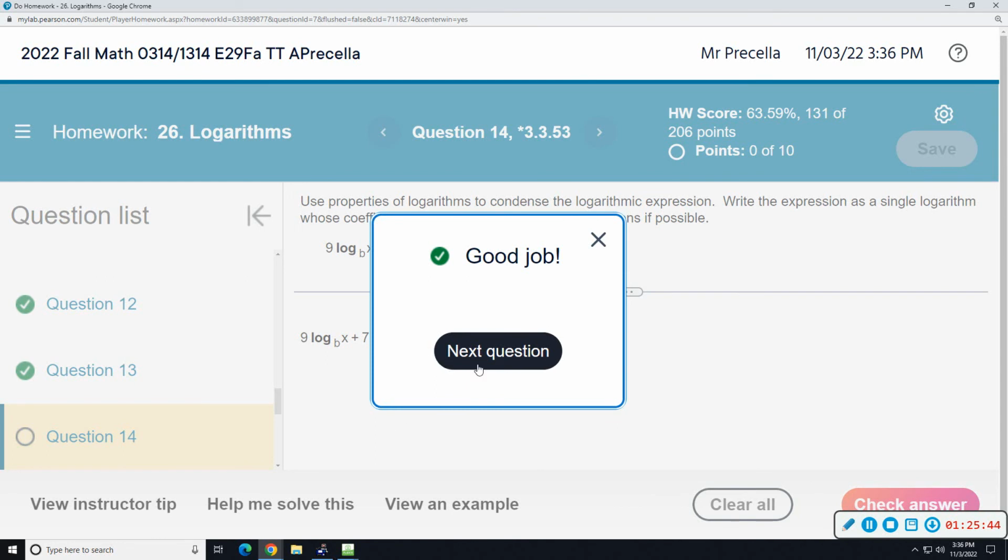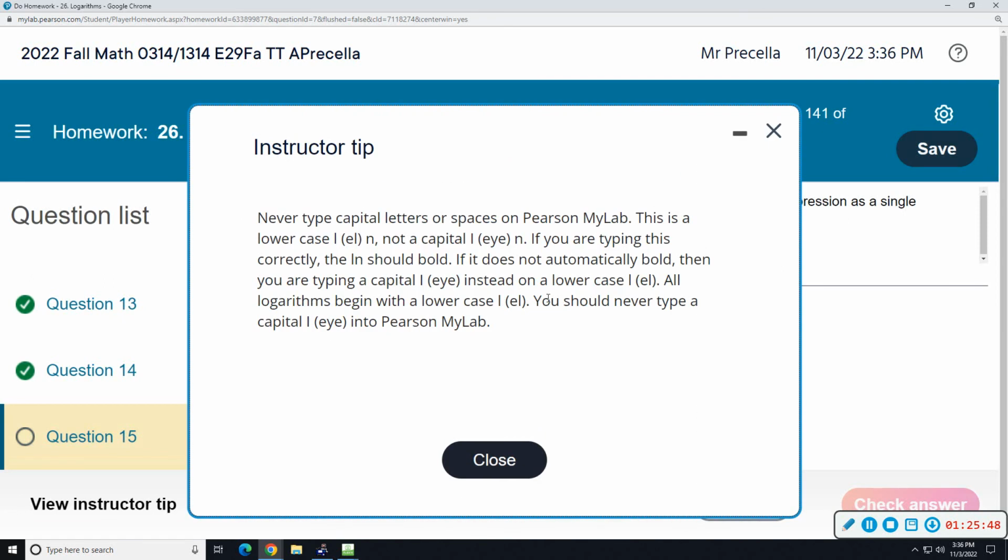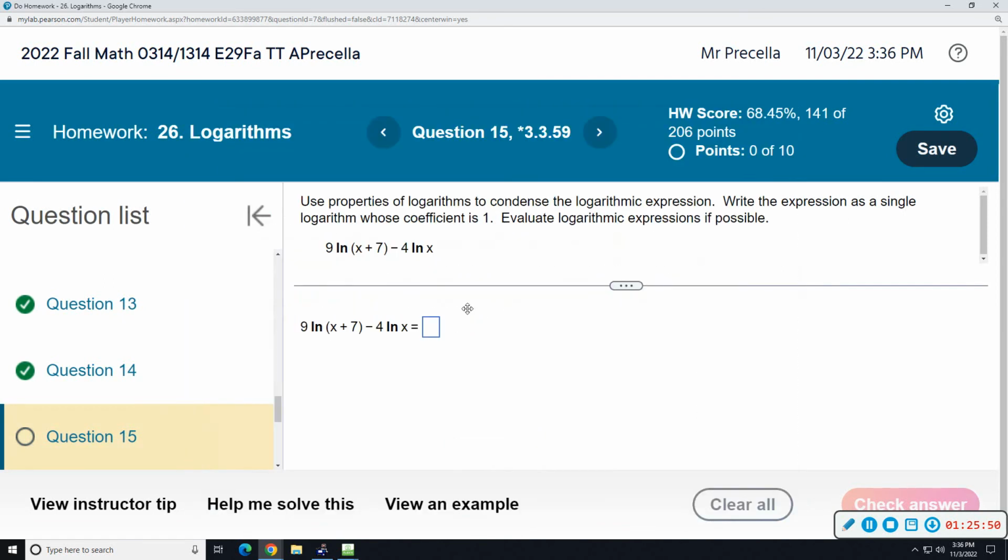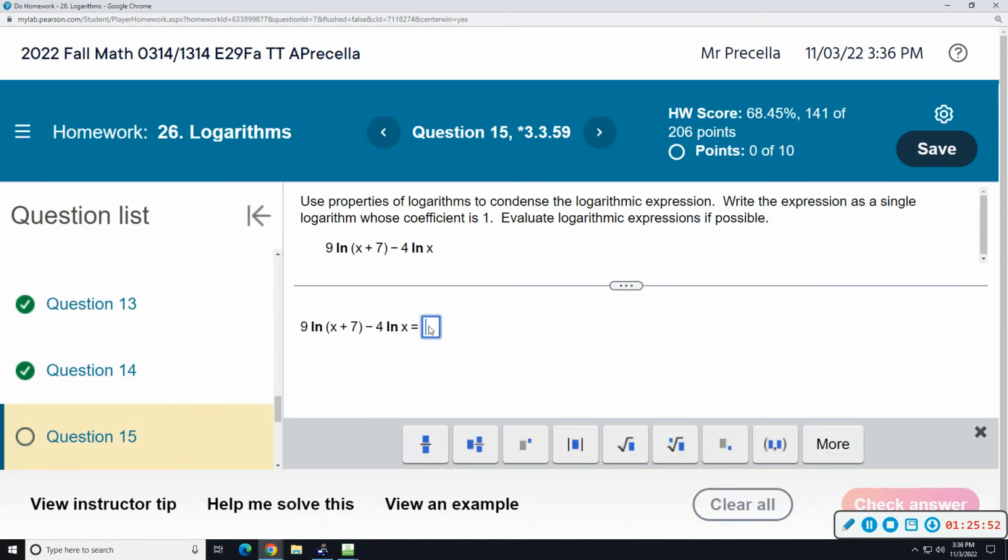Just keeps getting easier and easier, doesn't it? I'd take out those instructor tips if students would stop emailing us that the instructor tip only shows the first time you click on the problem. If you go back and click on it again, it doesn't show.